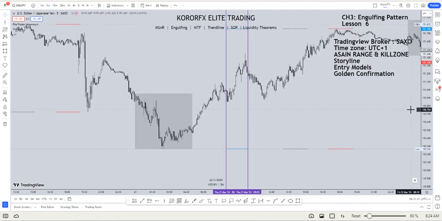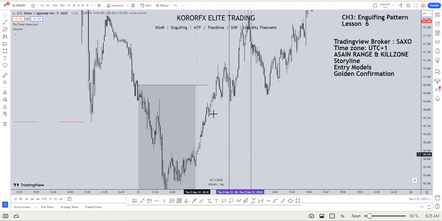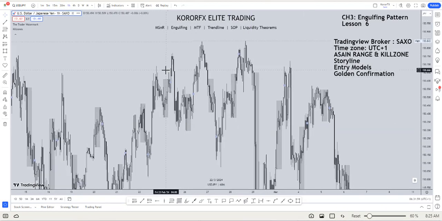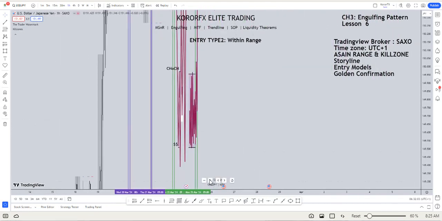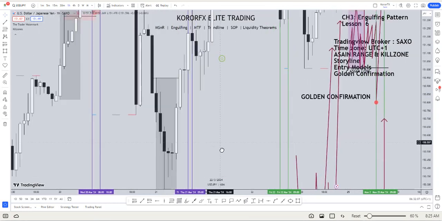So we got the Asian session high there where price broke, and then price retraced back. This is the expansion retracement entry model. You always look for a key level inside the Asian session where we want to aim or trace.